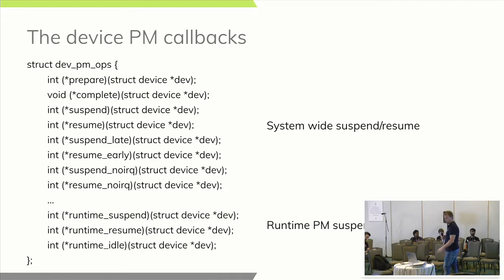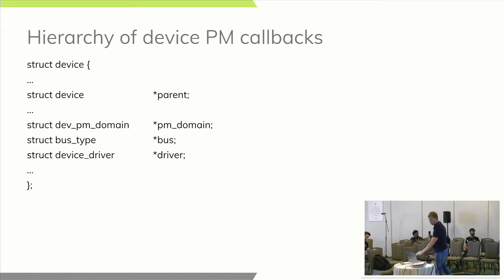So just to show you a little bit, these callbacks I've been talking about, it's just a struct dev_pm_ops, and there is a whole plethora of callbacks in there. Some of those are for system-wide suspend, and the other ones for runtime suspend. But the thing is that you can do this in a hierarchical way. So the struct device has the dev.pm_domain pointer, the bus pointer and the driver pointer.